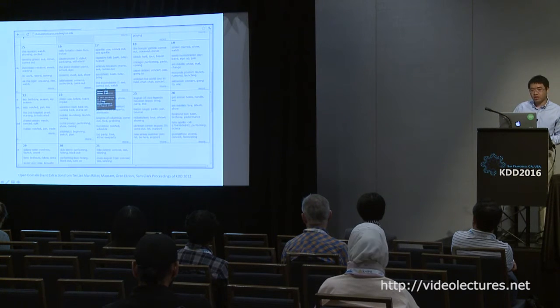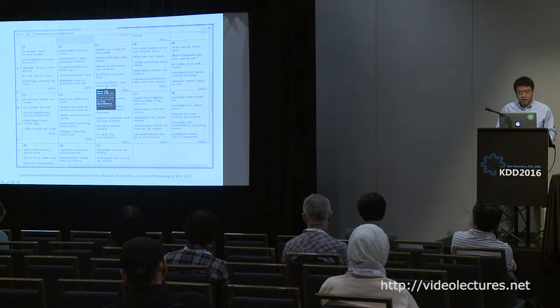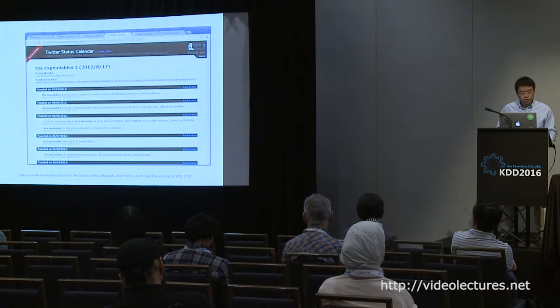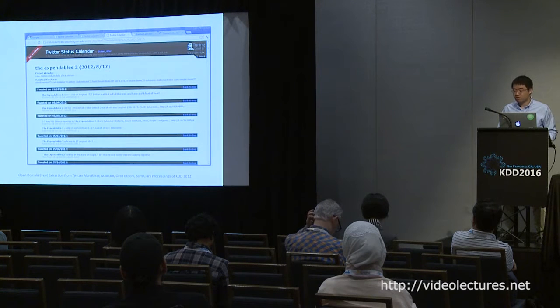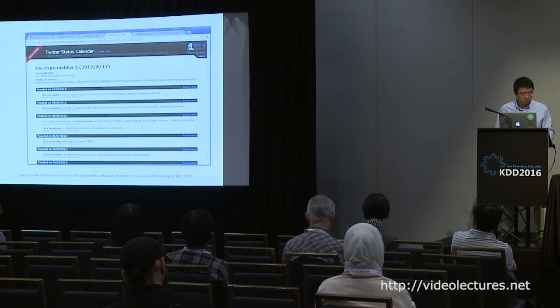What they did is apply event extraction on Twitter to build an event calendar. Okay, so you have an event calendar here, and if you click one of the entries in the calendar, you can look at which tweets are about this event, extracted automatically using their approach.